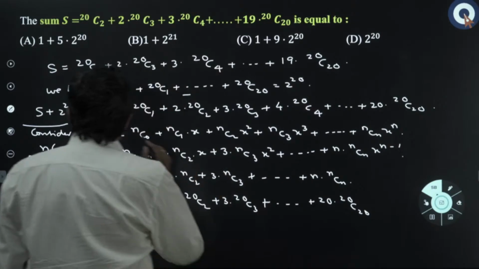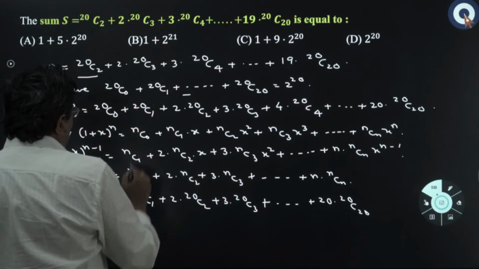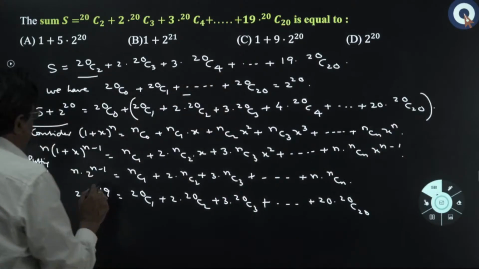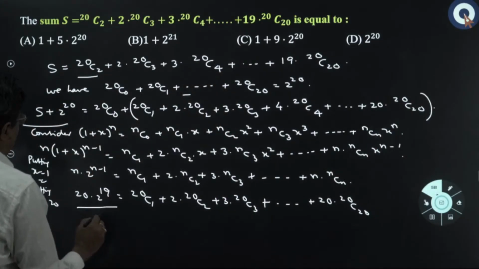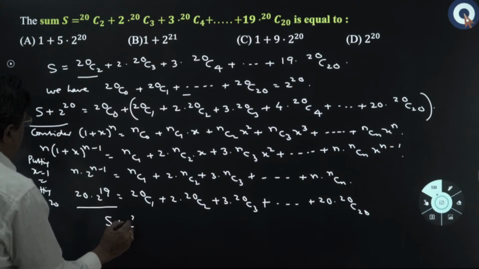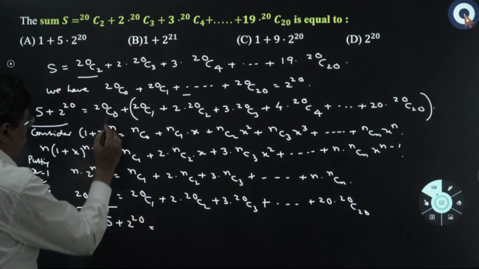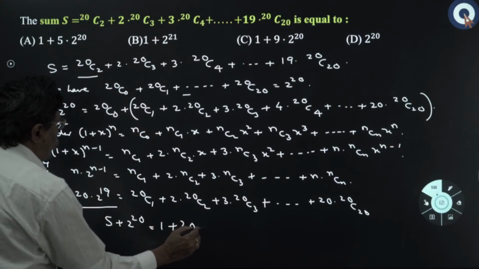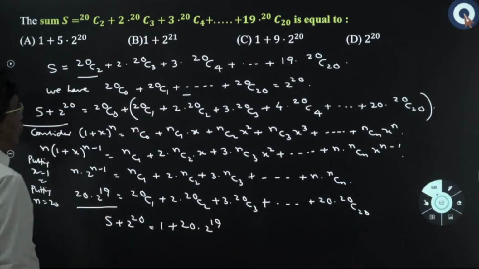So we want this value from here to here, which is 20 into 2 power 19. So our required thing is S plus 2 power 20 is 20C0, which is 1, plus this value, 20 into 2 power 19.